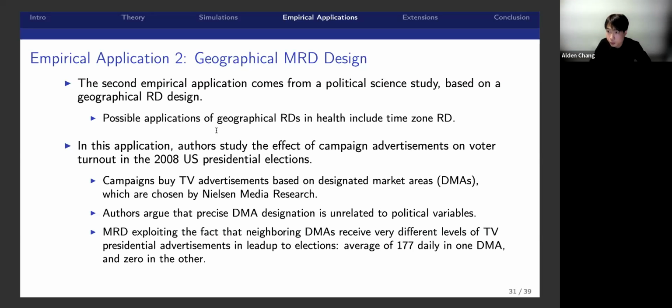In particular, on one side of the DMA border, voters received an average of 177 daily adverts, whereas on the other side of the border, voters received no adverts at all over this time period.